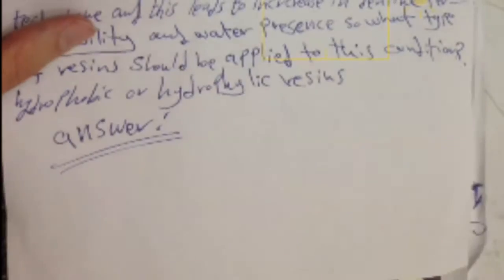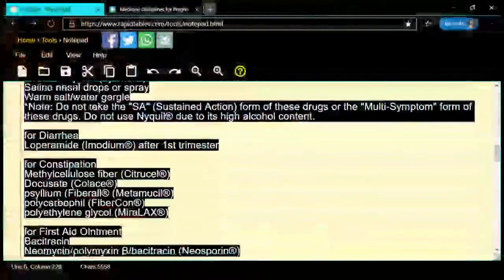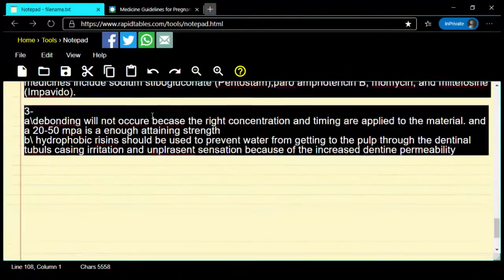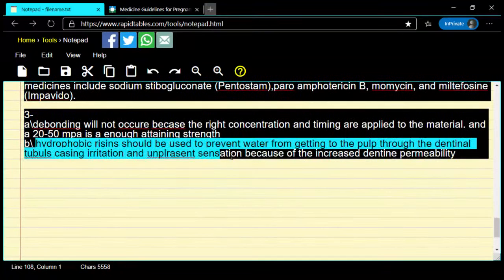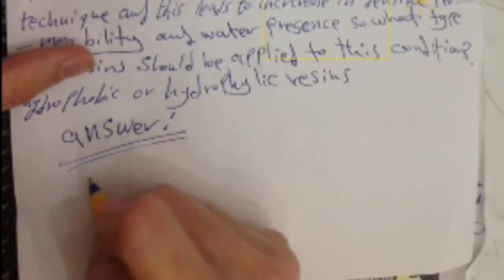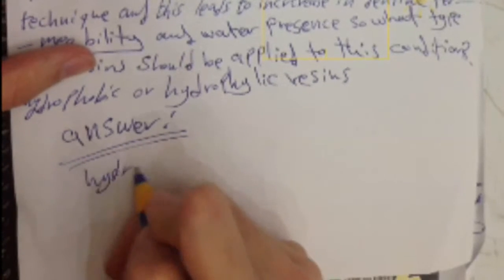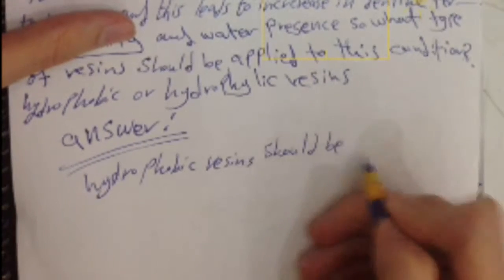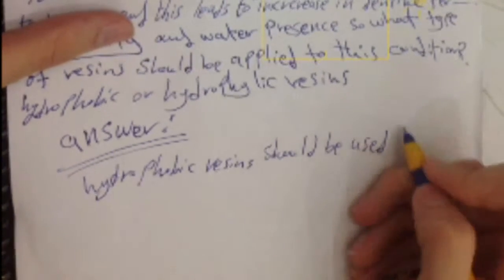something like as we did in the research here, hydrophobic. Hydrophobic resin should be used to prevent.